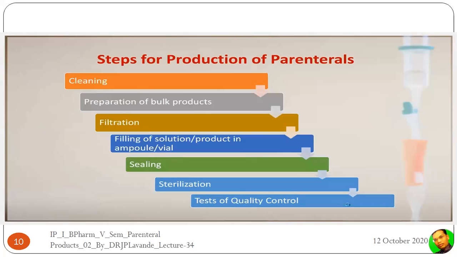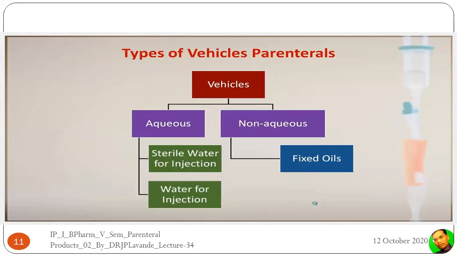Then filling of the product into the ampoules or vials, followed by sealing, then the sterilization, which is said to be the terminal sterilization, and performing the quality control tests. These tests need to be performed on the parenteral product in order to ensure their quality.